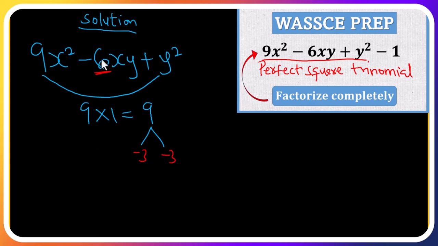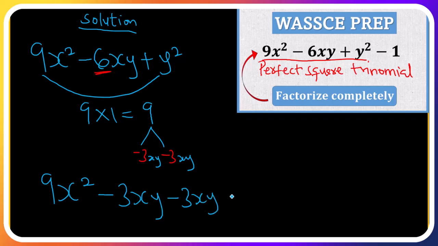So we can replace the second term by these two separate factors. Now 9x squared minus 6xy is replaced by minus 3xy minus 3xy plus y squared.